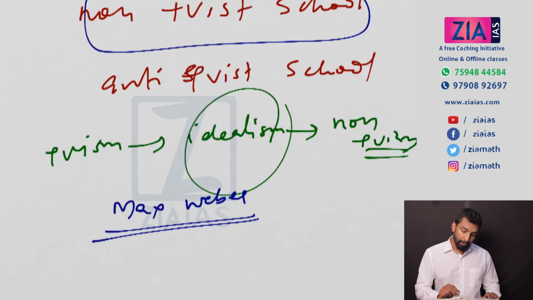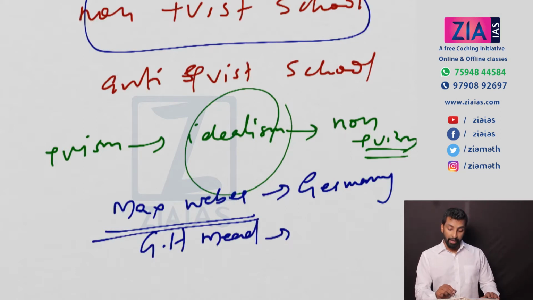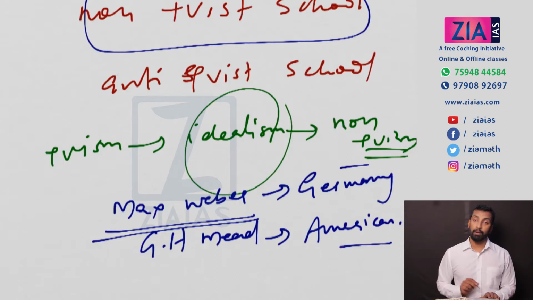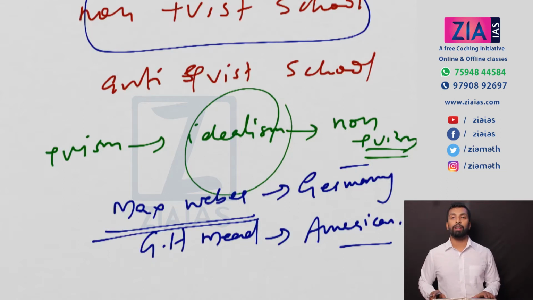So you can say Max Weber in Germany and G.H. Mead in America, to an extent. We will be studying Mead also. These two are not purely non-positivist. We need to be very careful about that. They are between positivist and non-positivist, or rather you can even say that they are idealist.